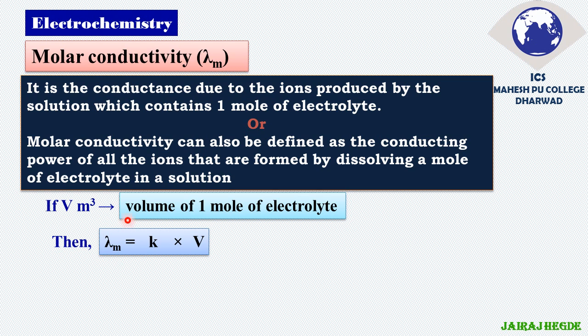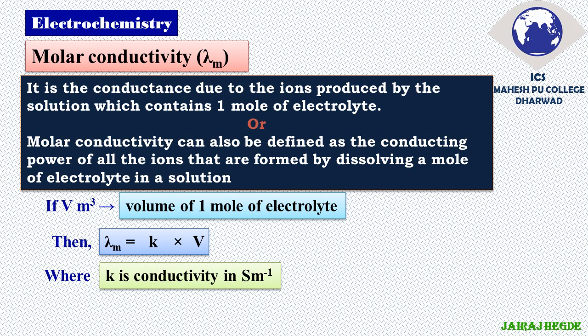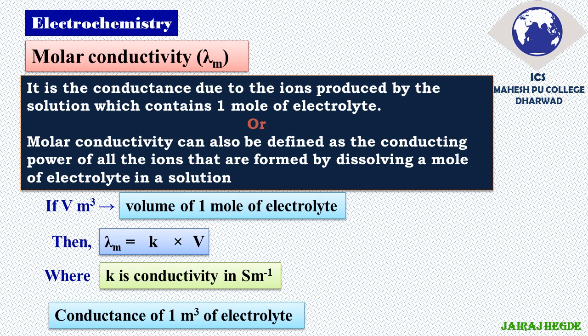Lambda m stands for molar conductivity, kappa stands for the conductivity in terms of Siemens per meter, and volume must be in meter cube. Remember, if I want to use this formula, volume is not in liter, volume must be in meter cube. So I can get the conductance of 1 meter cube of electrolyte.